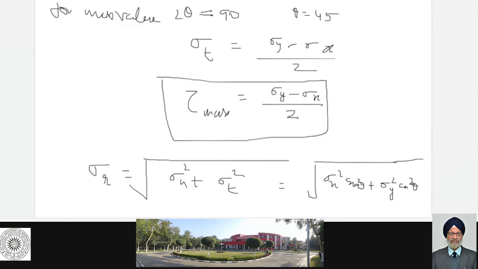So this is the value of sigma r, and you can find out tangent phi. So tangent phi is equal to sigma tau upon sigma r. Okay. So if you divide this, you can find out the phi max.